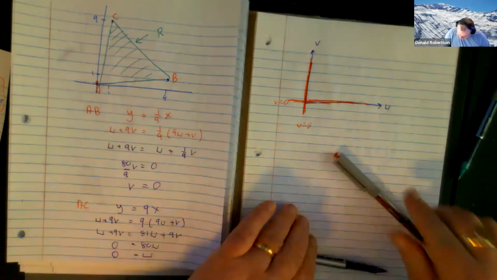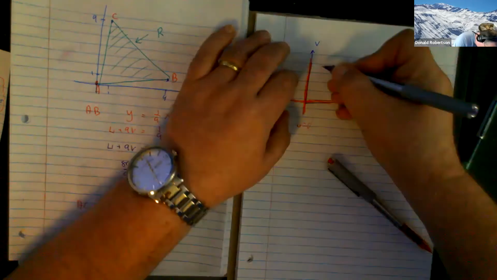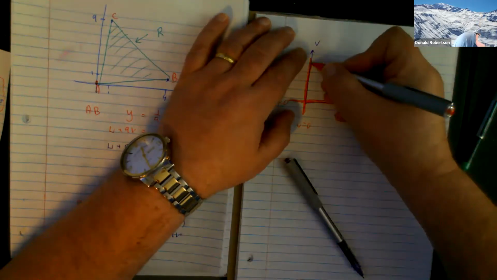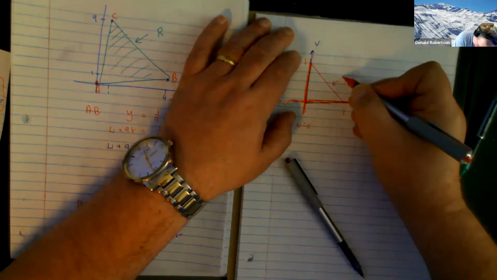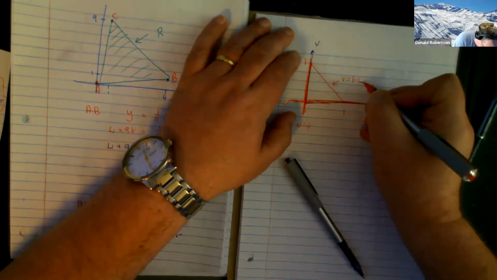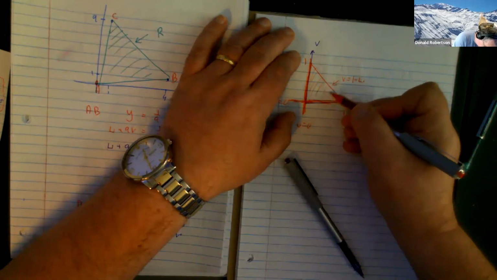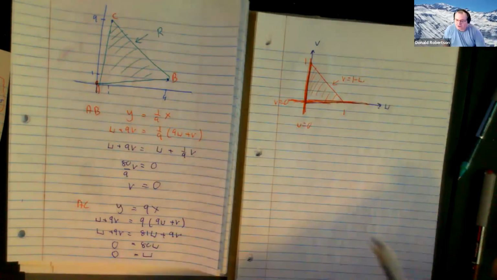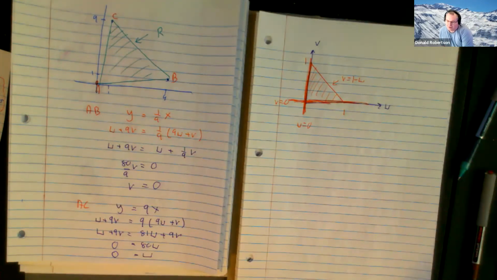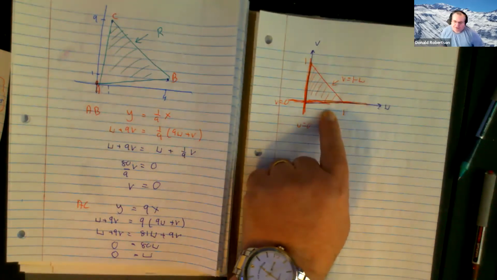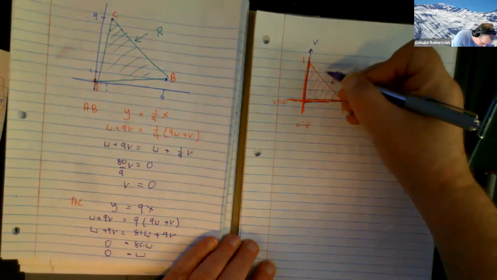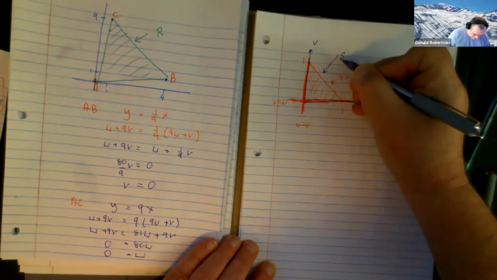And then v equals 1 minus u is basically this guy. Isn't that a much nicer triangle to deal with? Right? So this is our new region. This is the guy that we would call S.